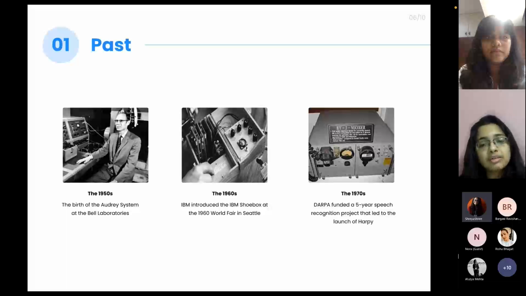So next we have IBM. After Bell Laboratories came up with this, IBM took this up and again came up with another system of their own, which was called Shoebox.